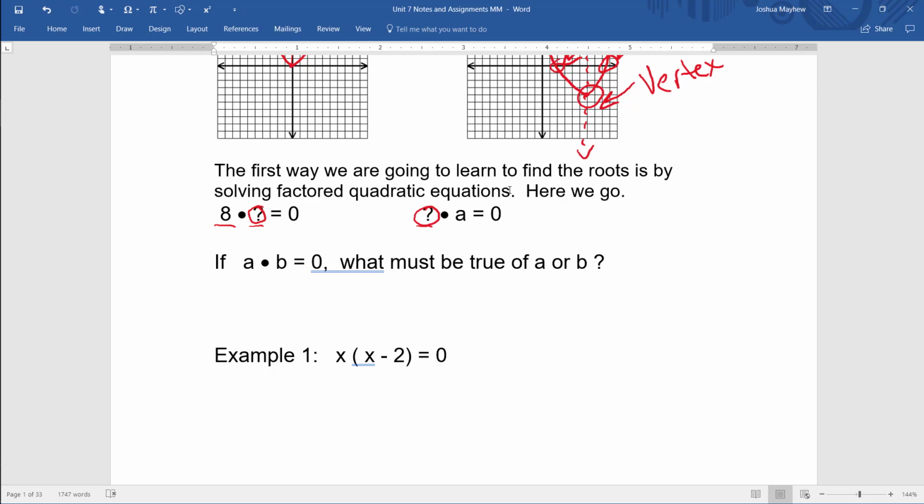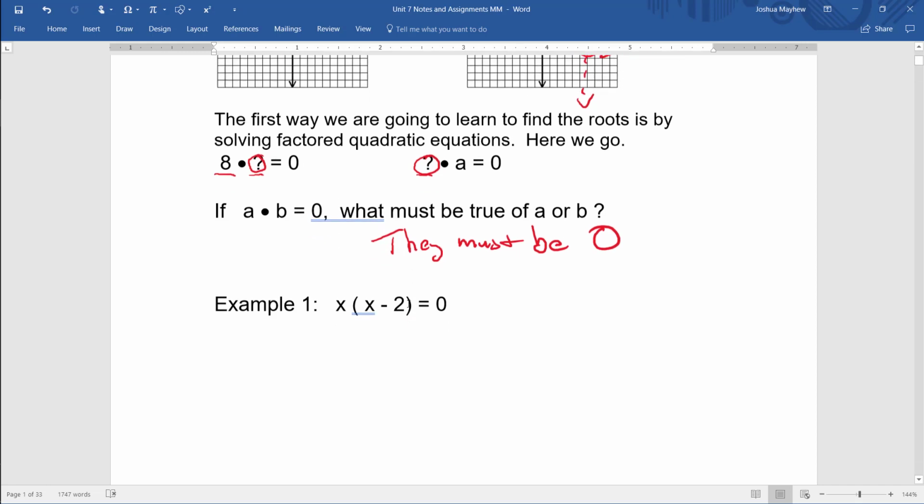If you multiply any number times 0, the answer will be 0. So let's say I have an equation a times b equals 0. What must be true of a or b? Well, one of them must be 0. That's the only way that equation would be 0, is if a or b is 0. So we're going to keep that in mind.